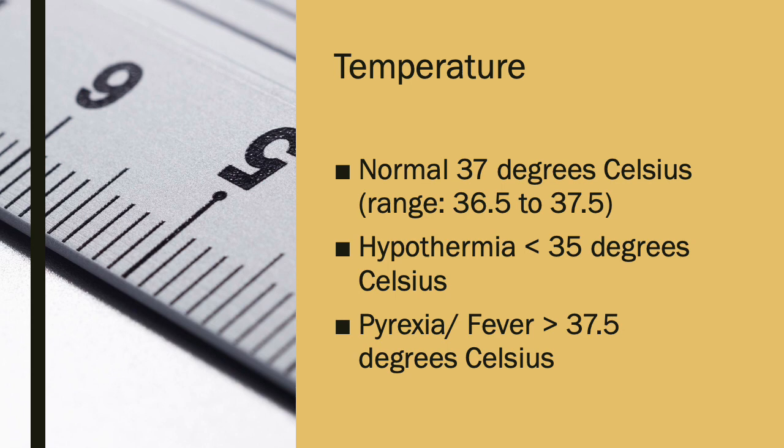And hypothermia can also be categorized into whether it's mild, moderate, or severe. In terms of fever, we can also think of it in terms of low-grade fever or high-grade fever, with fever or pyrexia being temperatures more than 37.5 degrees Celsius.